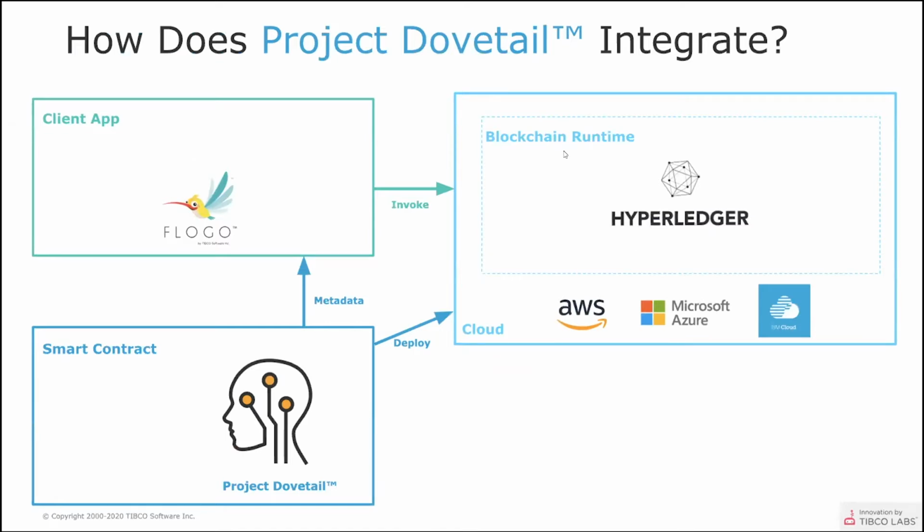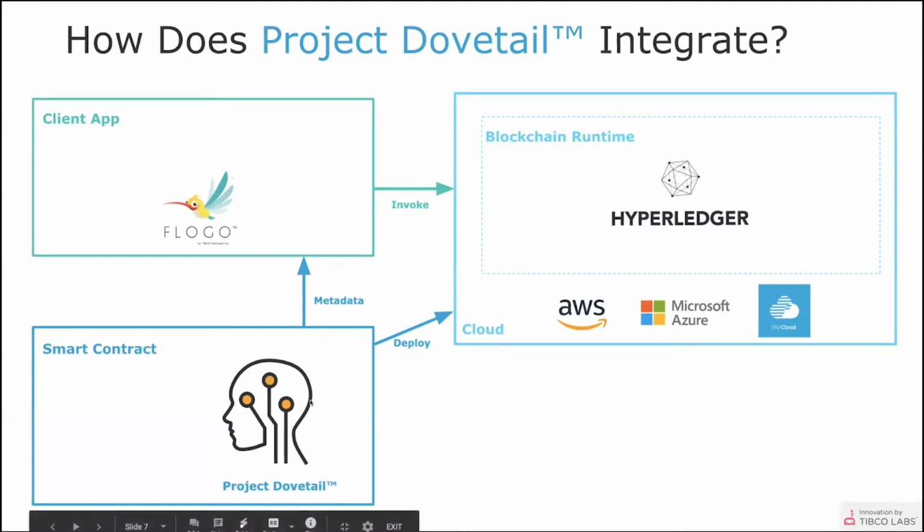And quickly, just a little bit of introduction on how that works underneath. In this case, you will have on the top left side your client application, which is powered by Flogo. And we'll see an example of it. It's basically a REST API that has been fed some metadata from the smart contract.